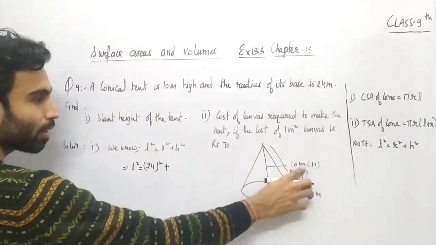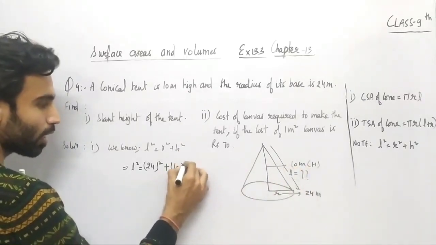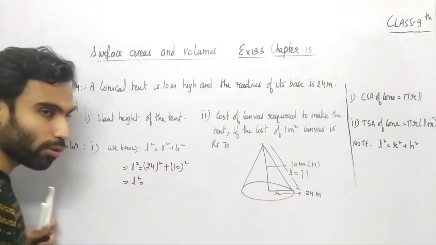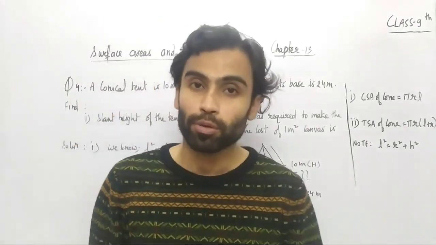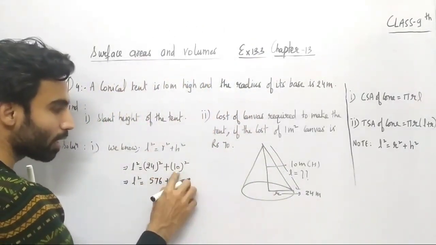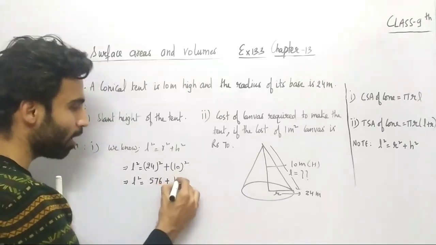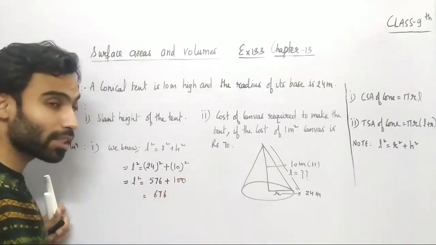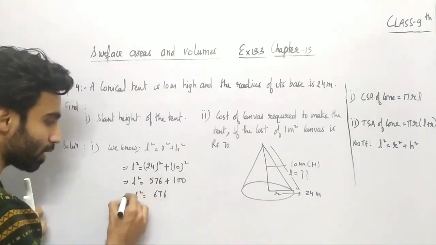Height we also know, that is 10 meters, so 10 square. Now L square will be equal to 24 square. What is the square of 24? 24 into 24, that is 576, plus the square of 10, 10 into 10, that will be 100. So 576 plus 100 total will be 676. So that is L square, right?